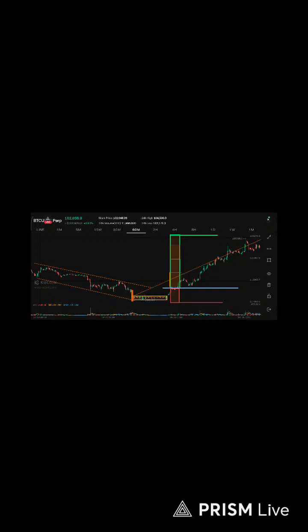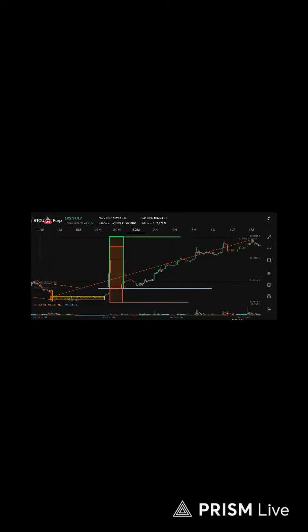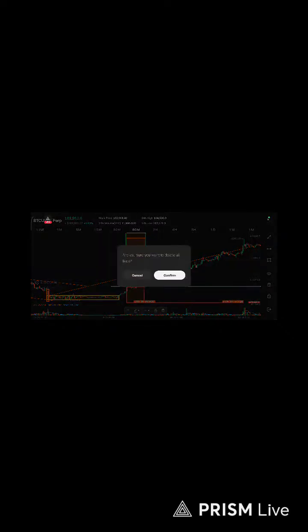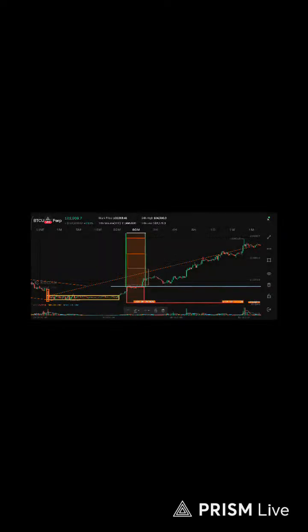Always use a stop loss to limit downside, because this trade could have failed right now. Without me setting this stop loss, do you know what would have happened to me if this market eventually fell?